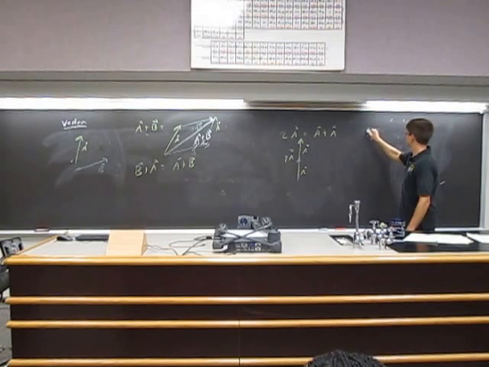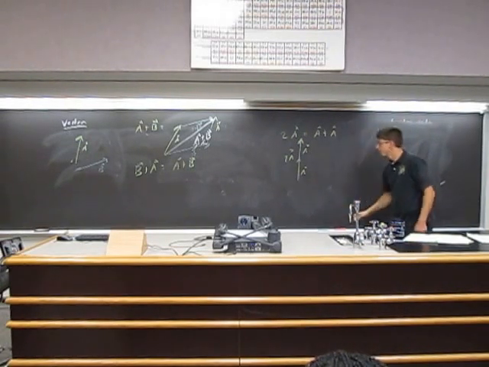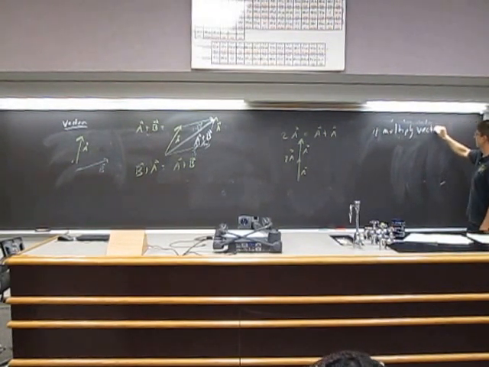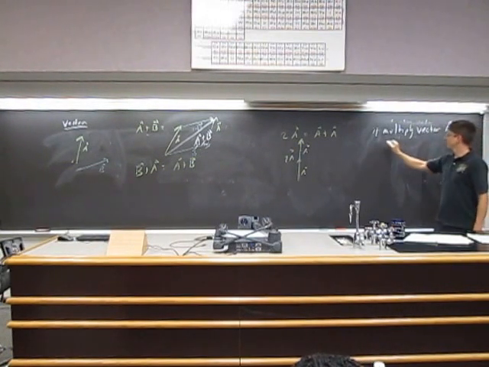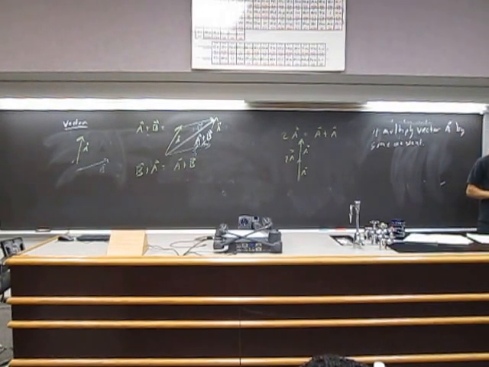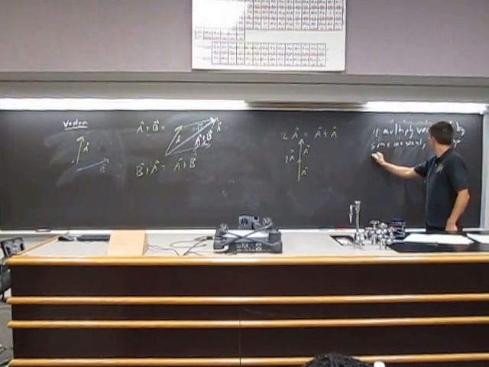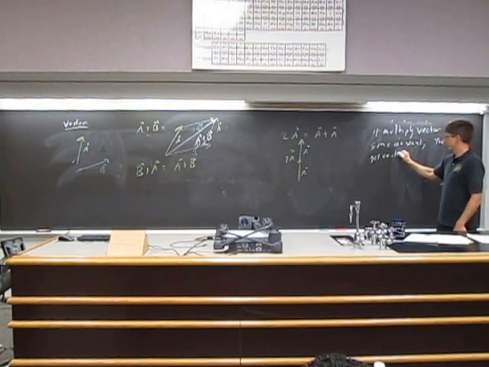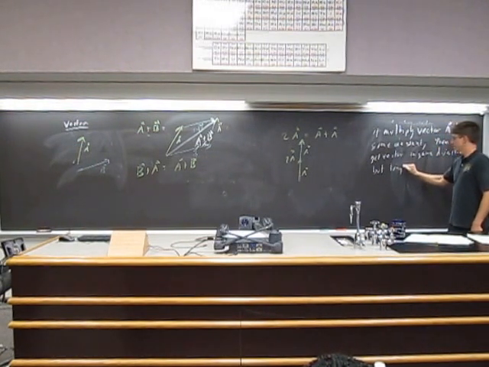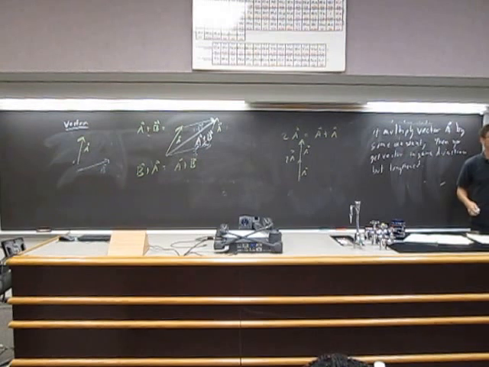So if you multiply a vector A by some constant, then you get a vector in the same direction, but lengthened or shortened, whatever the constant is.